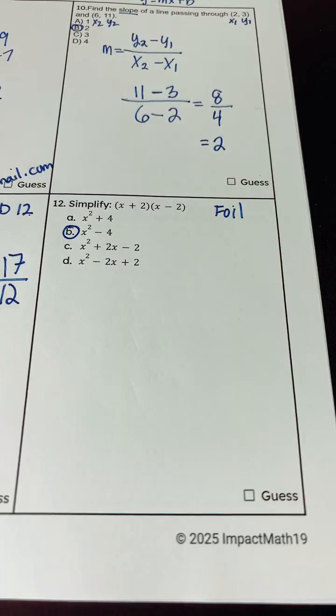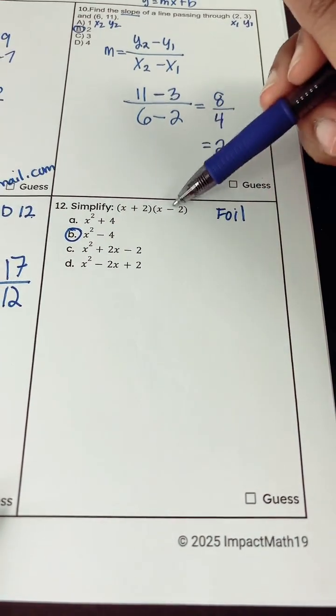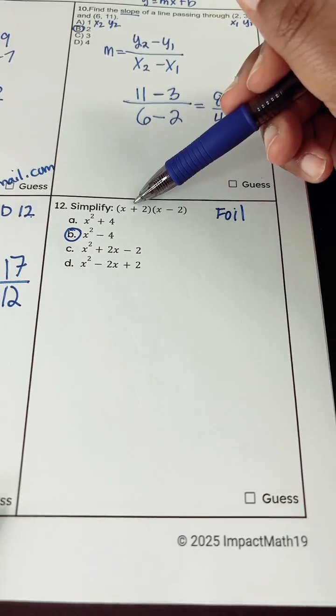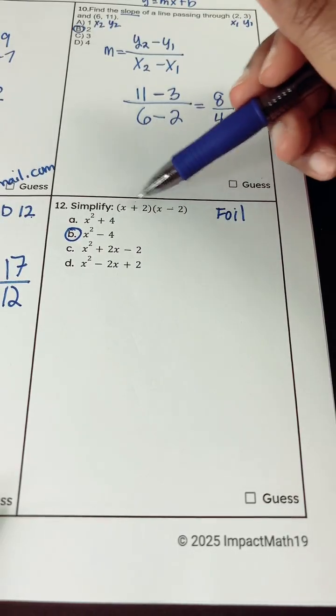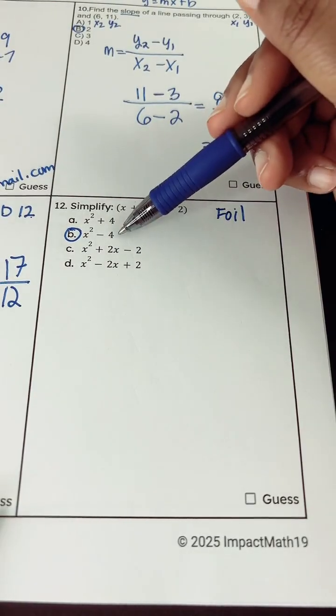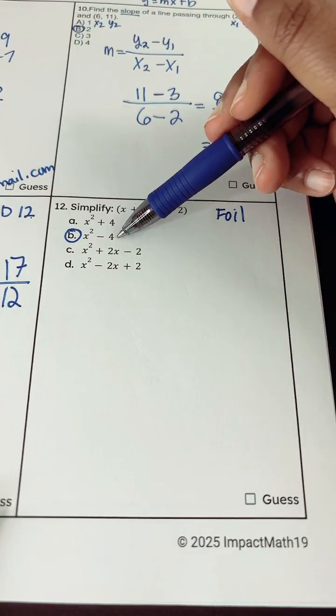All right. Difference of squares. Yes. If you recognize this as a difference of squares, because a difference of squares says you have to have a plus and a minus. The x and the 2 and the 2 are going to be the same. Difference of squares looks like this all day, every day.